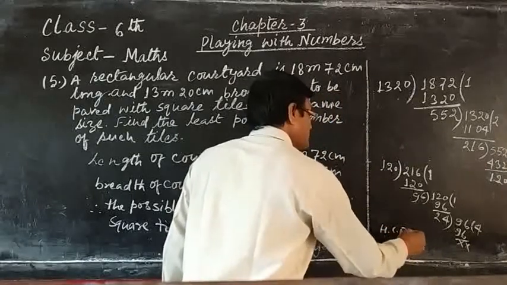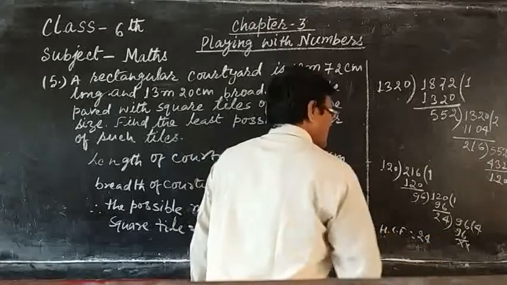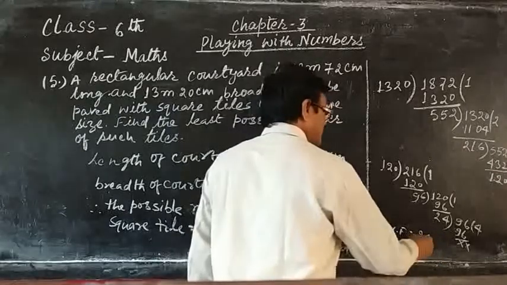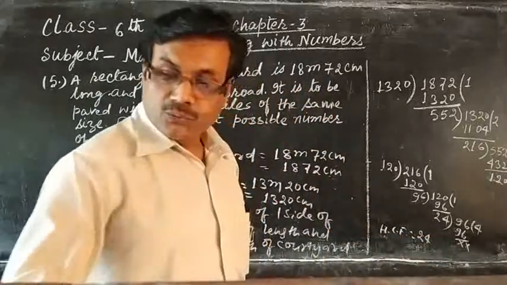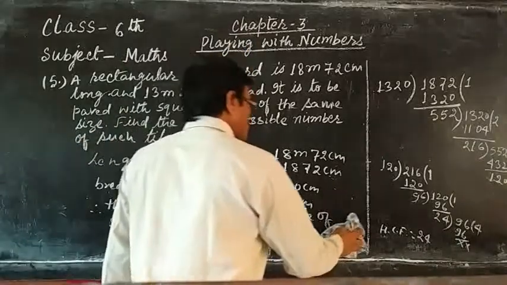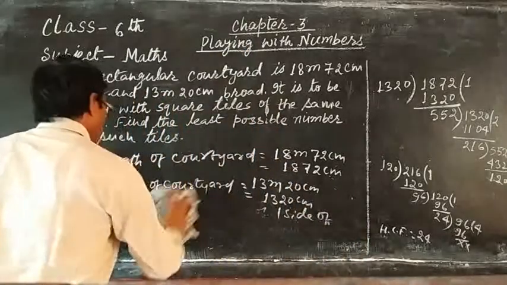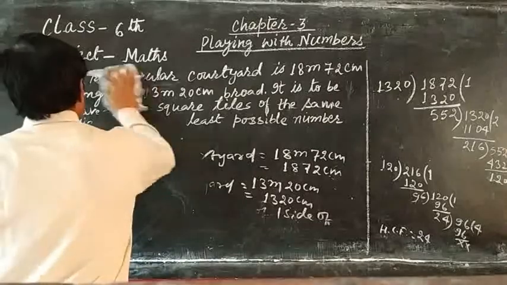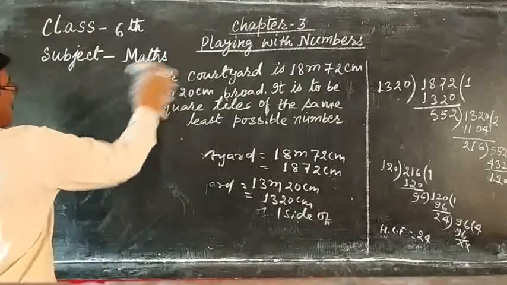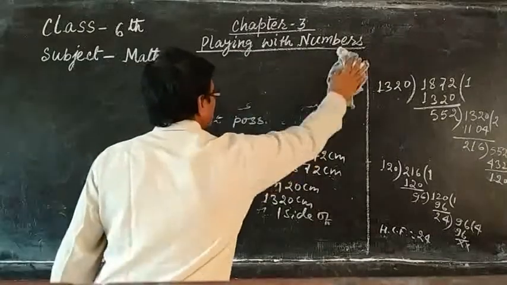So children, you see that the HCF is 24. This shows that the measure of one side of a square tile is 24 cm.